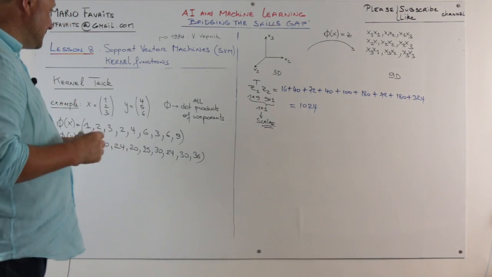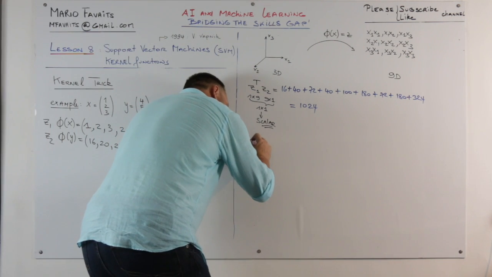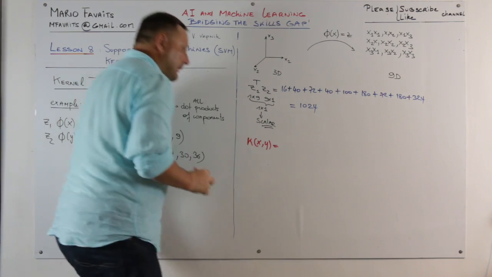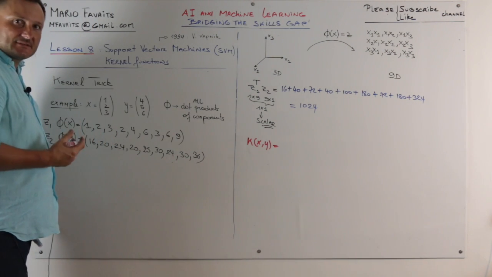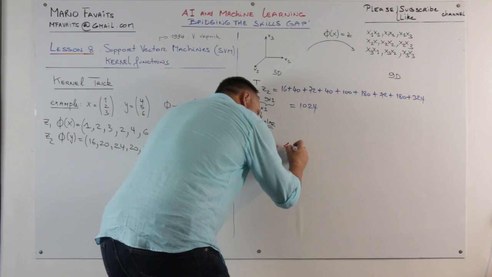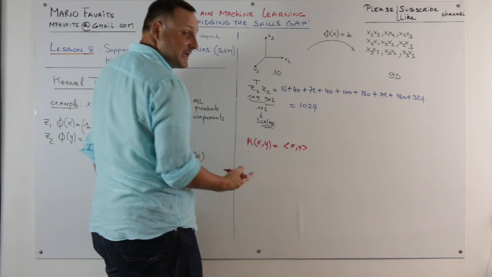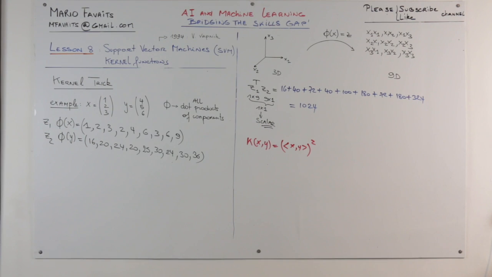Now what if we had a kernel function between x and y that would allow us to get that result much faster? A kernel that we could envision is the kernel of x and y, where these symbols mean a dot product, and then you square.